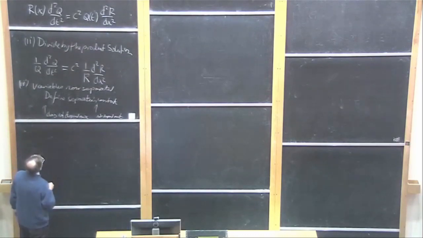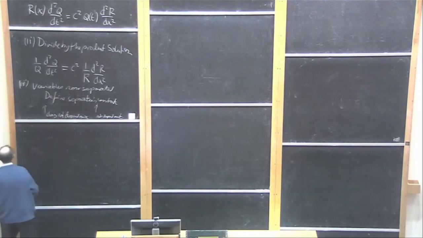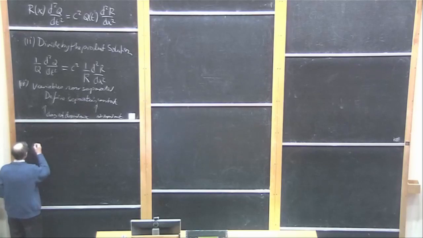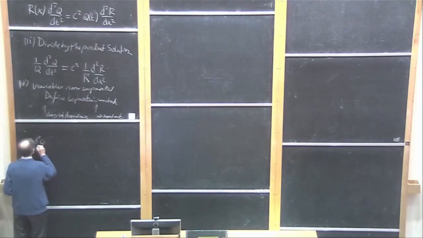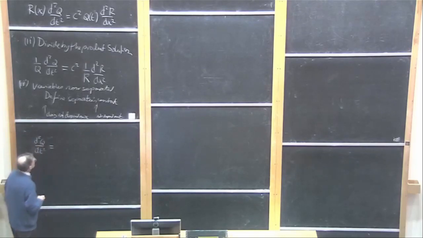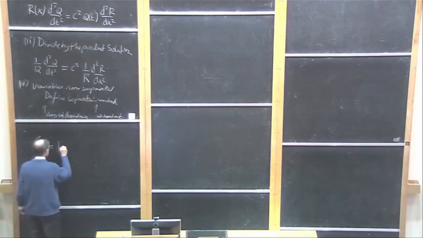And so we have d2Q by dt squared equals, what am I going to call this constant? I'll call it capital K for the moment.